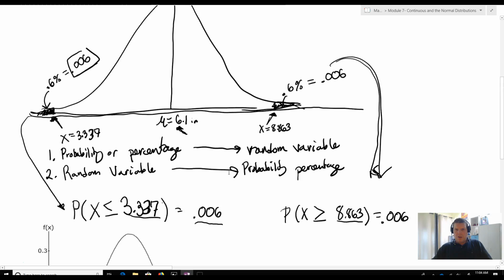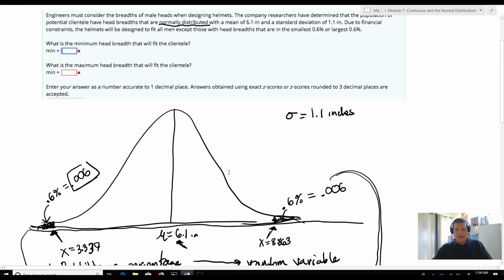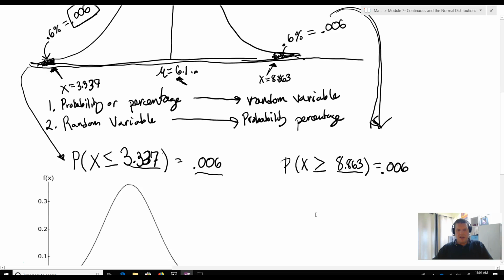Okay, just as a review, I read the problem and set up my probability distribution to look like this. I'll have my mean in the center, and I get my standard deviation. I write that down just to put together my information. Then in this case, I want the smallest 0.6% and the biggest 0.6% on the edges. And then I'm going to use the normal calculator.